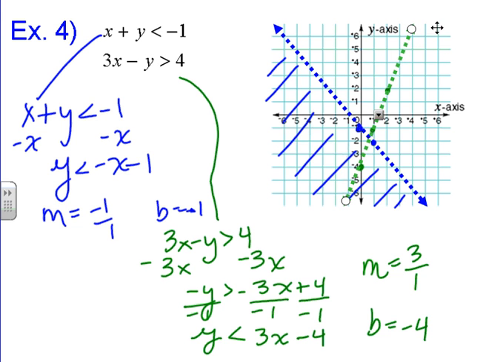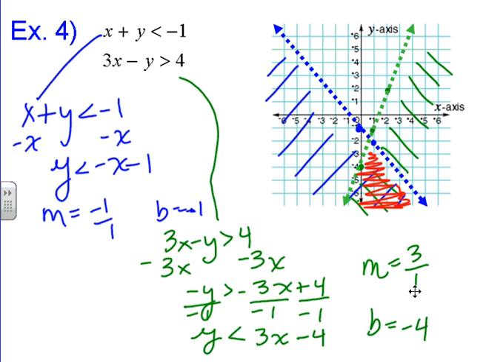Connect our points. And then we're going to do our shading. So we want less than. So what we want to do is shade below the line all the way across to show its solutions. And then we see what the common solution is, this little area here. Okay? So this would be the common area or the common solution.